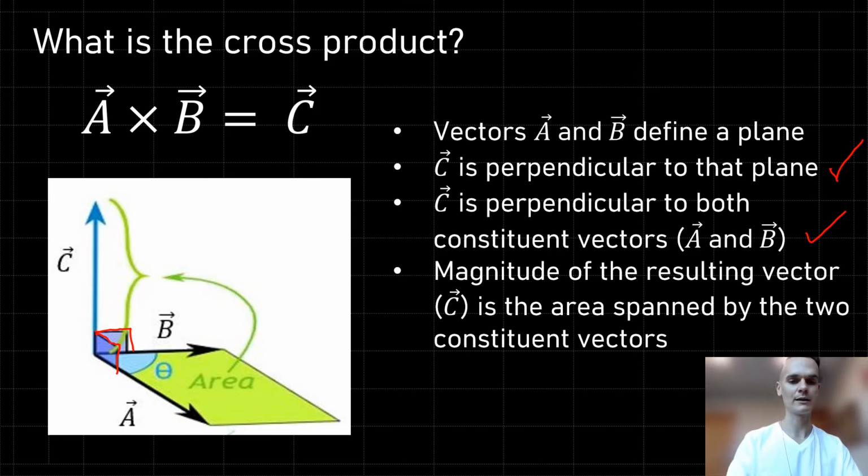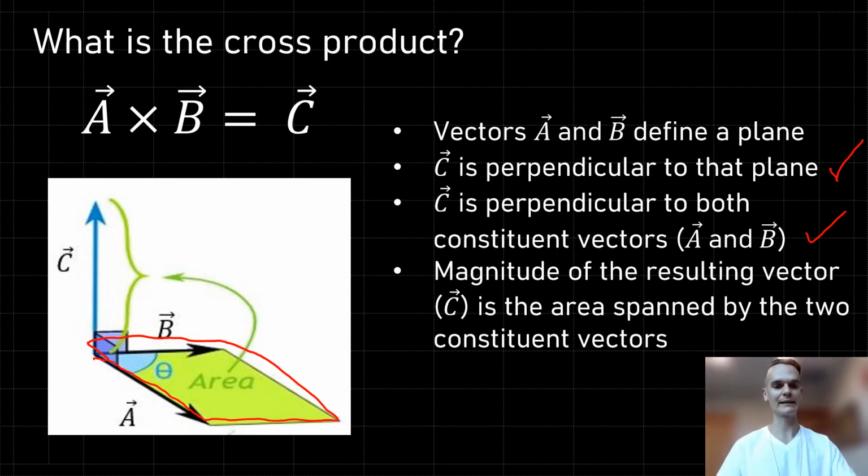Now what about the magnitude of vector C? The magnitude of vector C is graphically represented by the area spanned by vectors A and B. The area spanned by vectors A and B in this diagram is this green parallelogram here. I didn't draw it very well.